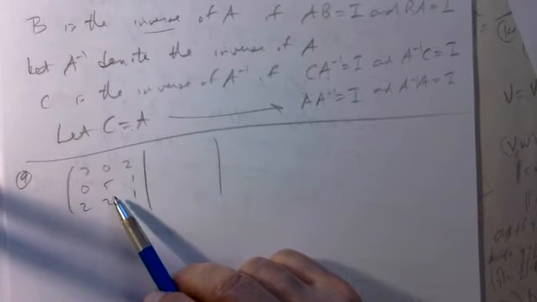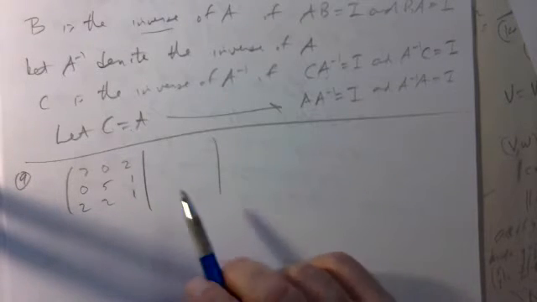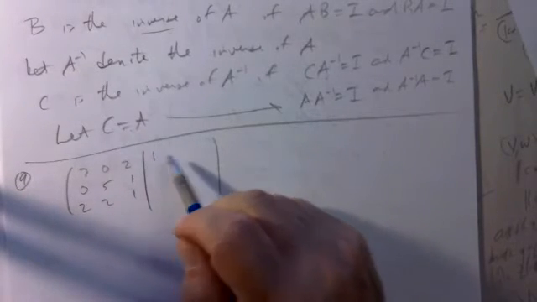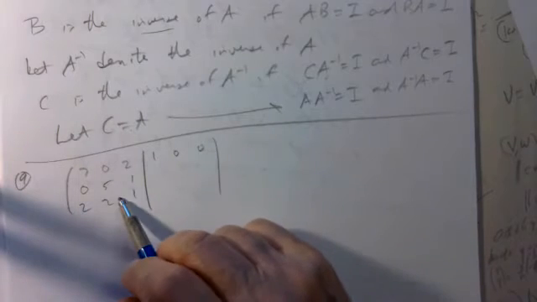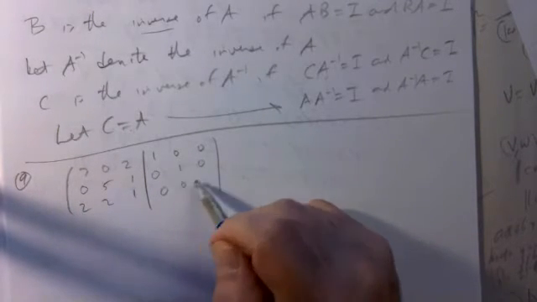And if it's going to be the identity in reduced row echelon form, we've somehow calculated the inverse. So what I do is I write the identity matrix. Instead of 3x3, I adjoin another 3x3 matrix, which is this identity. And then step by step, I put this matrix in reduced row echelon form.